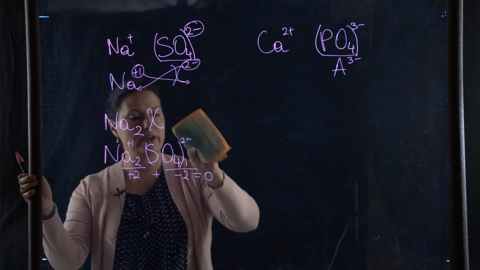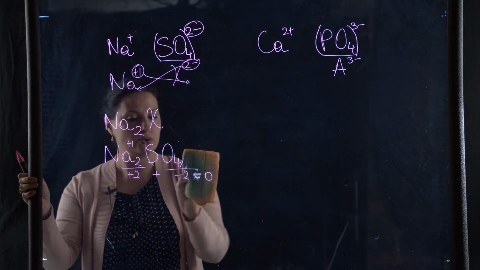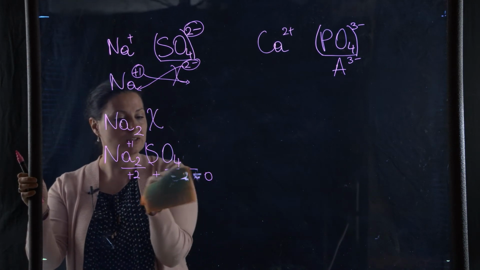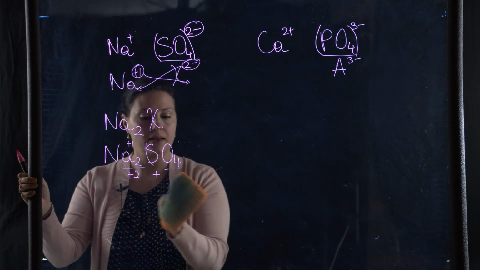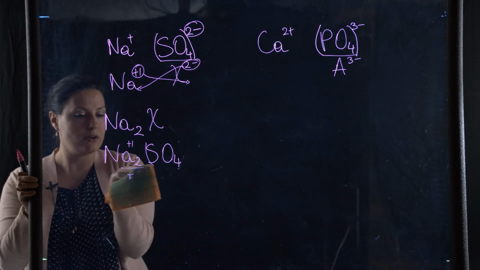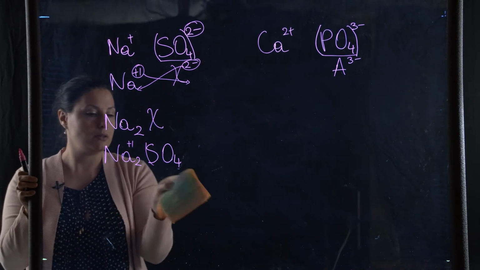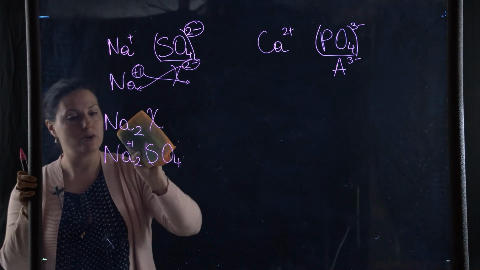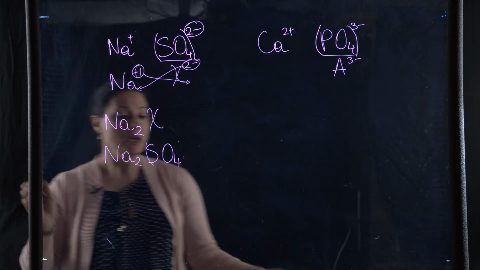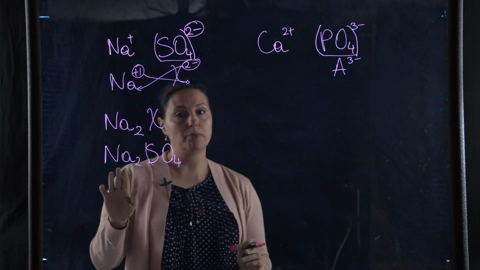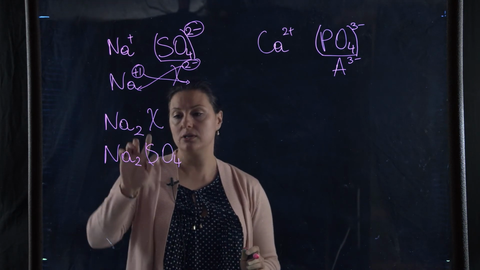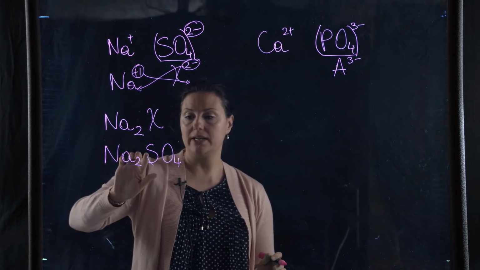And I will just erase these to have the correct formula here without the charges. Once again, notice that the positive ion is listed first, and then comes my negative ion.